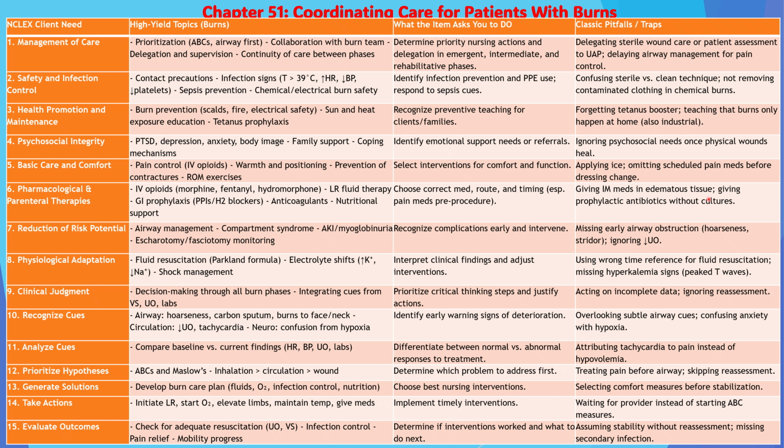You need to do the culture and then start the antibiotics. Evaluating outcomes: check for adequate resuscitation like urine output, vital signs, infection control, pain relief, mobility progress. Determine if the intervention worked and what to do next.